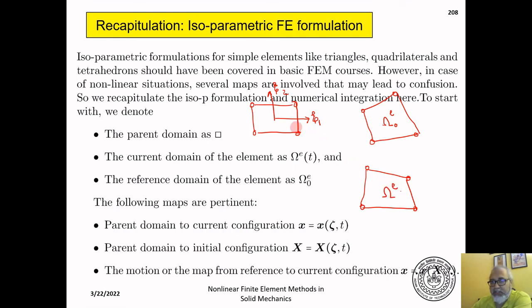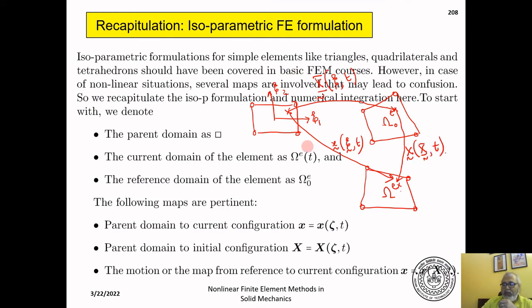Now there's a map. Any point here can be mapped onto the equivalent point here by this map capital X of zeta, t. This point can be mapped onto a point on the deformed configuration by this map small x of zeta, t. And of course, we have a map from here to here, which we denote by small x of capital X, t. So these are the various maps involved.